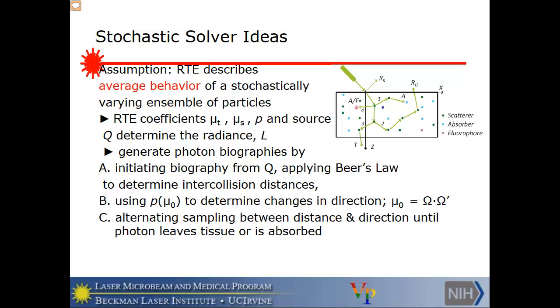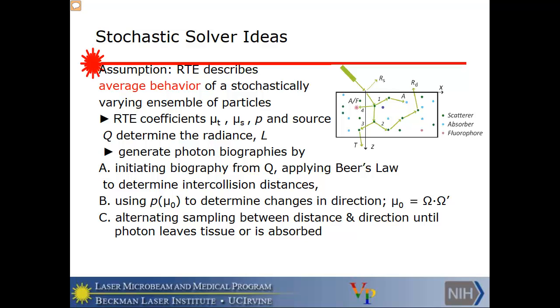You need to think that the population you're interrogating is changing, and it itself has a variance associated with that fluctuation. So you're solving an exact equation, you're solving it in a statistical way.